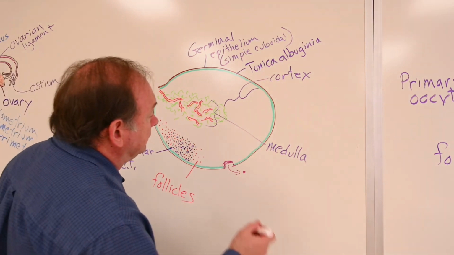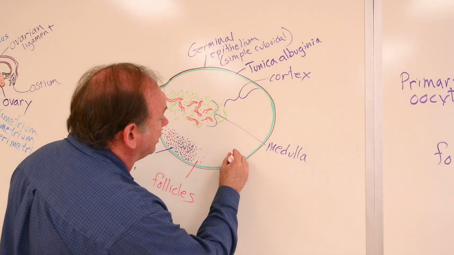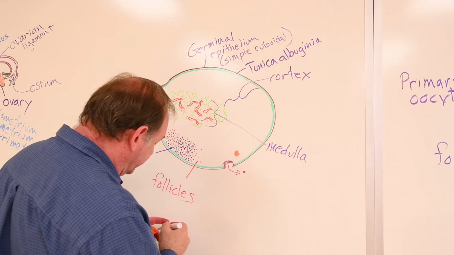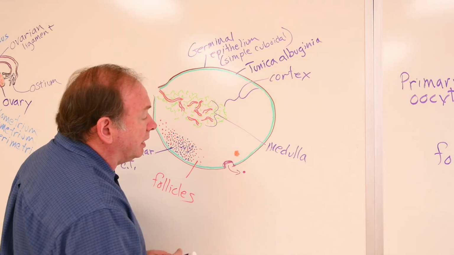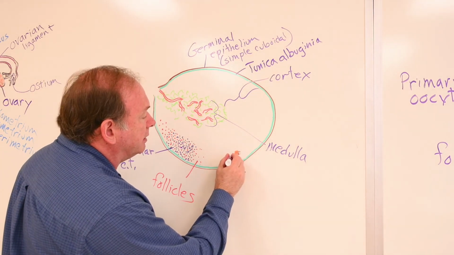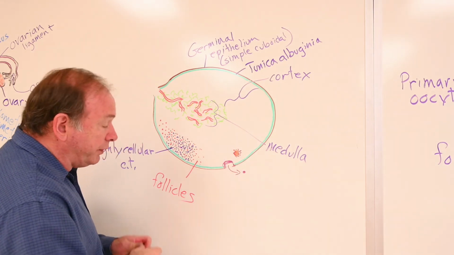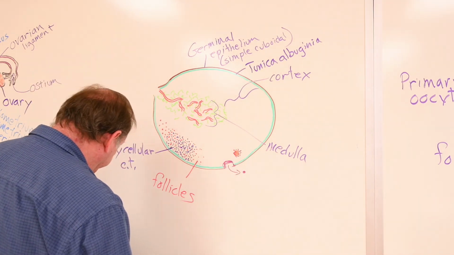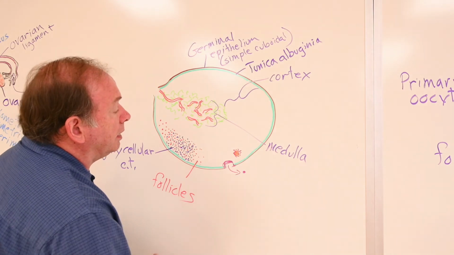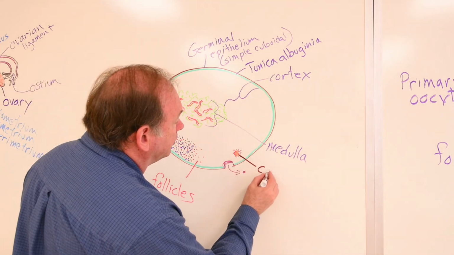So essentially it becomes a bunch of the granulosa cells out here surrounded by little bits of theca interna and some theca externa out there. So anyway, we end up with this yellow spot called the corpus luteum.